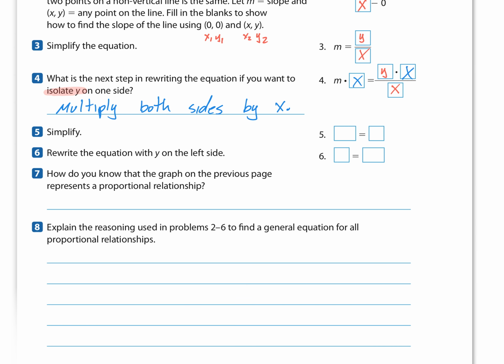The only thing that you need to keep in mind is that we are going to cross these two out. So we are only going to be writing mx equals y. The sixth step, just because the fifth one looks a little bit funky, we're going to just rewrite it, but now we're going to put the y on the left side. So you just write it as y equals mx.